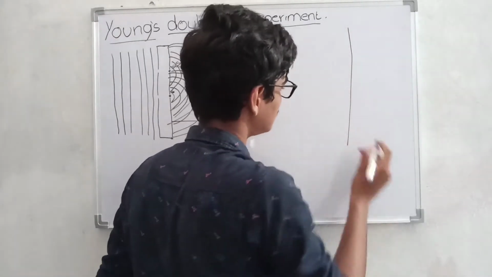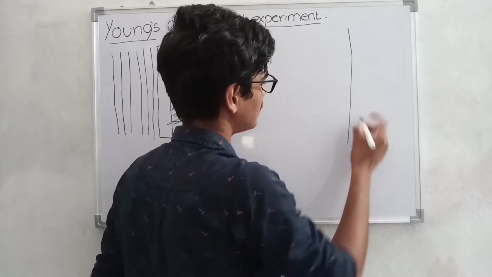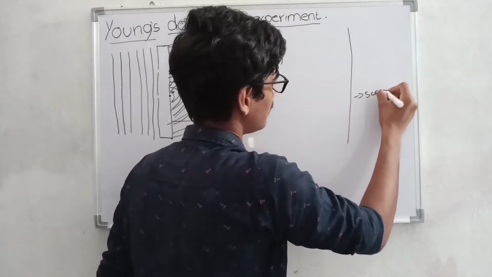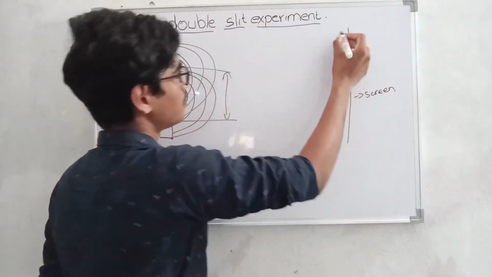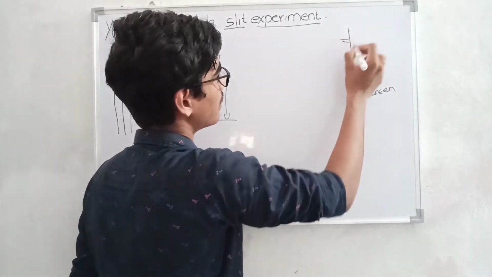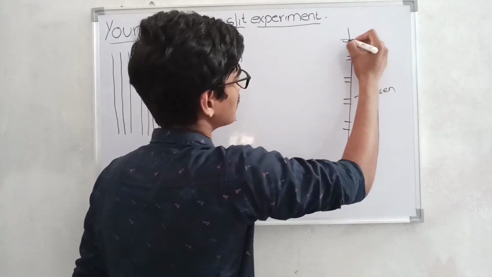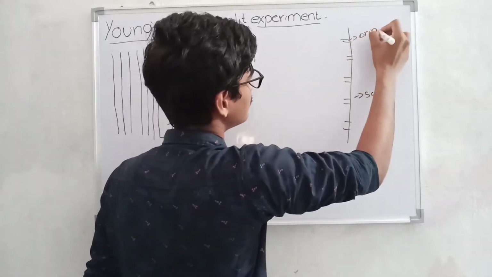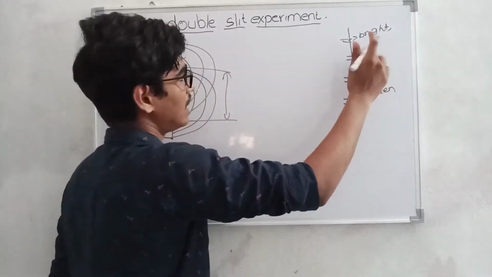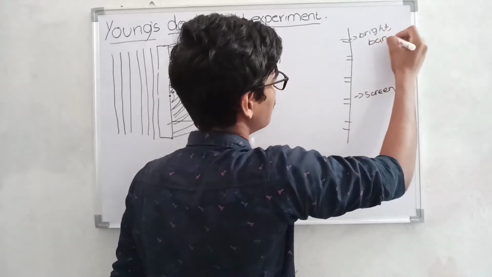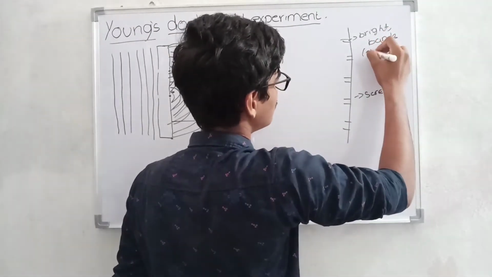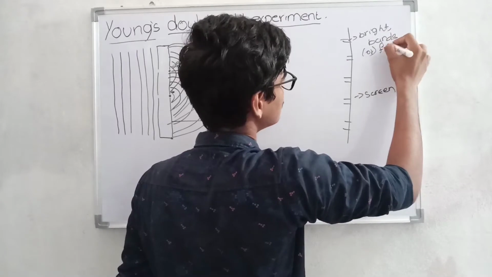Consider a source placed here, screen placed here, and we observe consecutive bright and dark bands. Consider this as bright. We can call it bright bands or bright fringes.